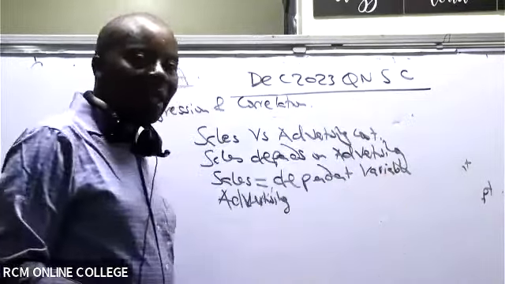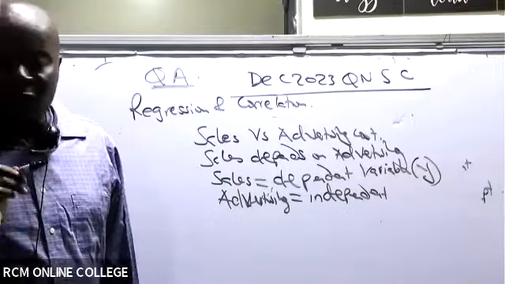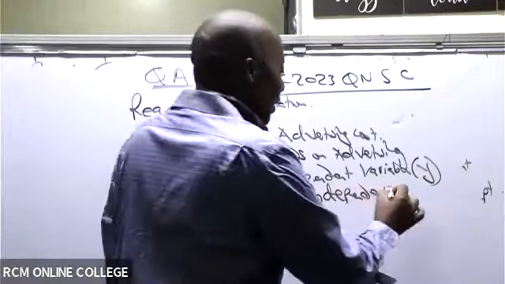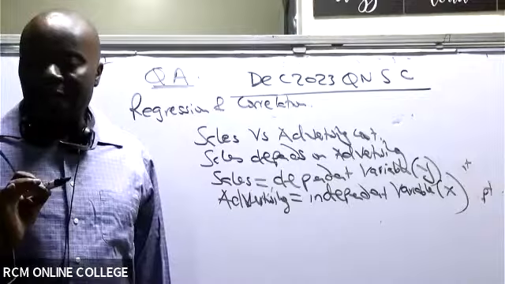Remember, the dependent variable is always your Y variable, and the independent variable will be your X. So always remember, dependent is Y and independent is X.